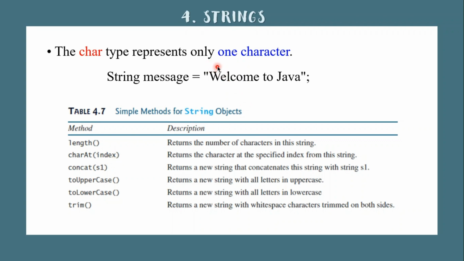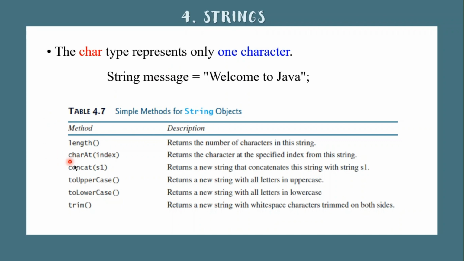We start with index 0, so this w is at index 0, e at index 1, and so on. So what does this method do? It returns the character at this index. For example, if I wrote message dot charAt, the dot operator is also important because we need to access this method through the object.